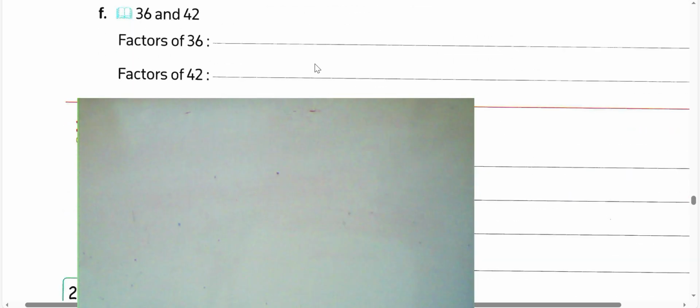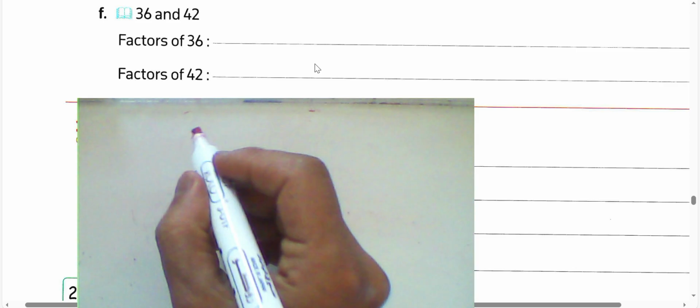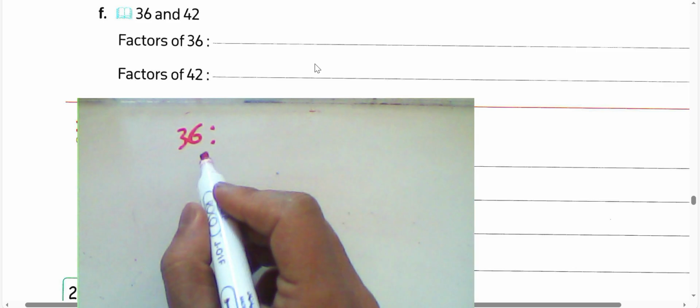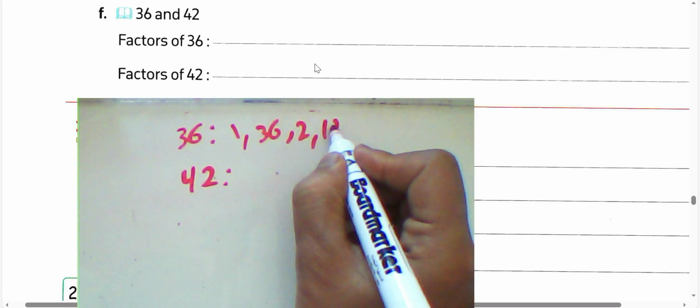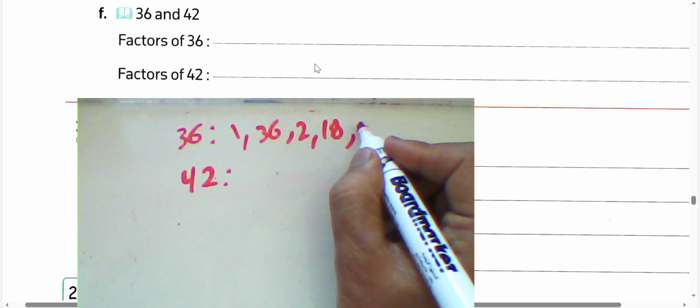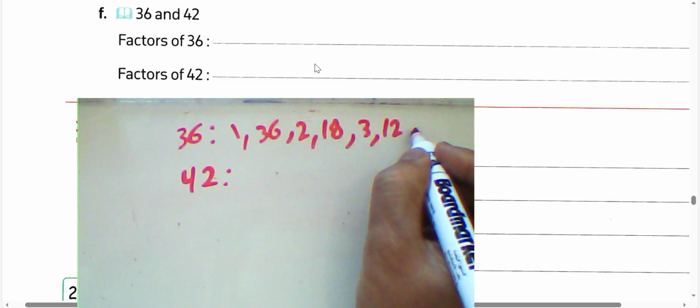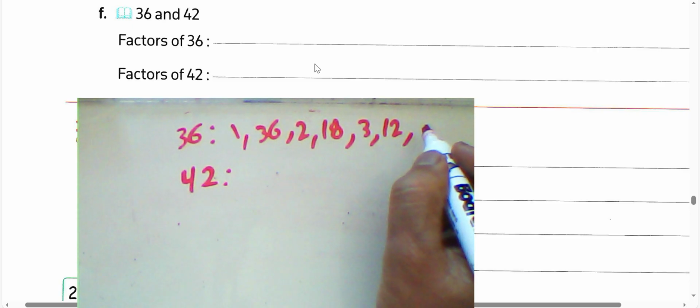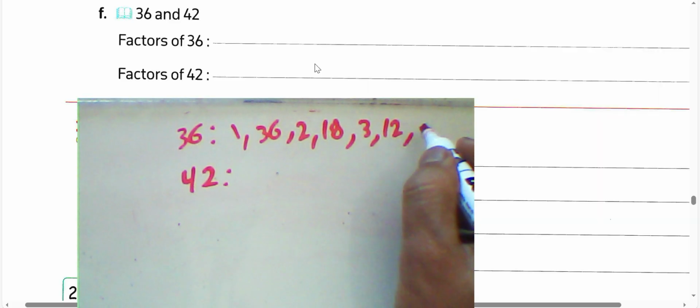Okay, next question. 36 and 42. We can write the factors of 36 and 42. 1 times 36 is 36. 2 times 18 is 36. 3 times 12 is 36. 6 times 6 is 36.